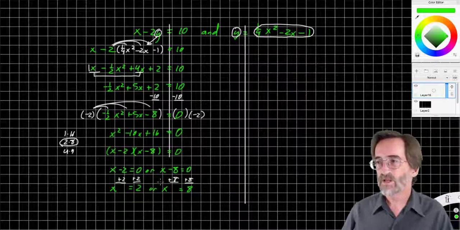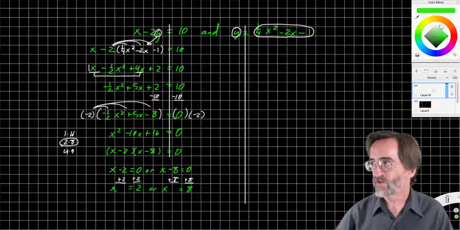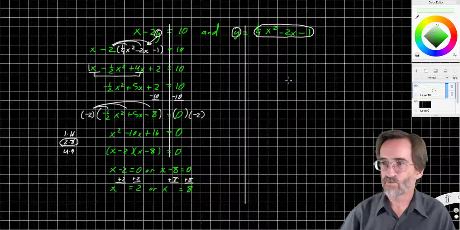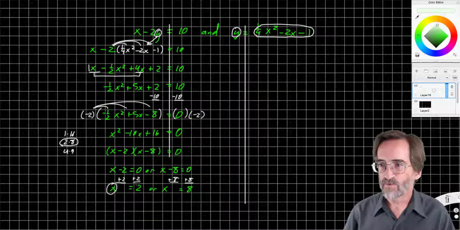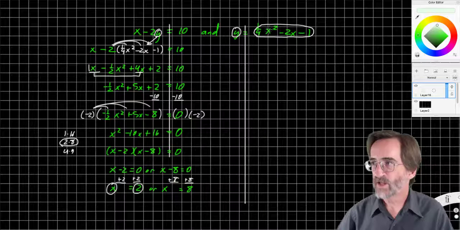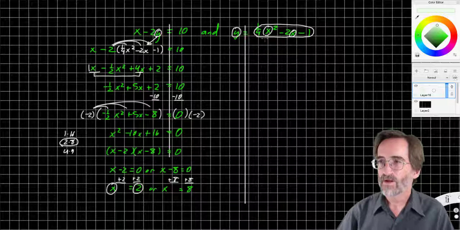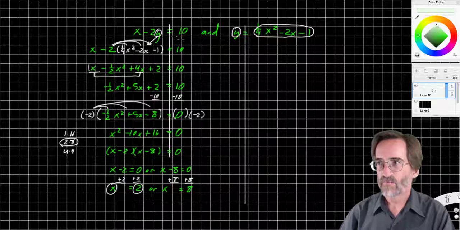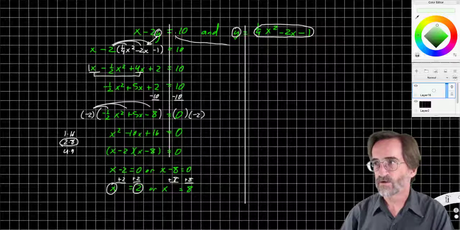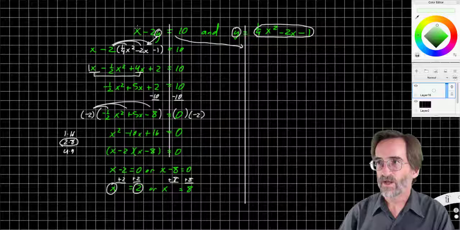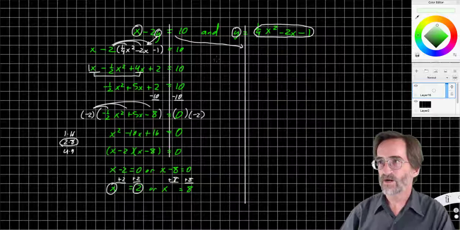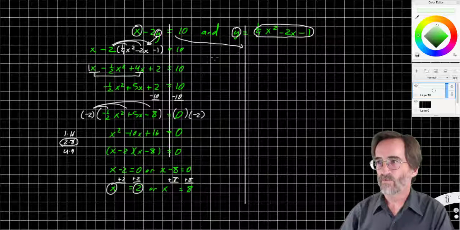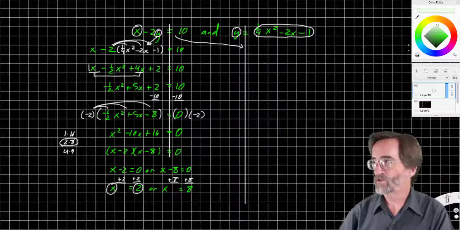So what I need to do now is substitute, and now we've got two things to substitute, not just one. So x equals 2. Where I see an x, I'm going to insert 2. Now we could actually substitute in the original equation, and I'm going to do that because that's easier than substituting in this squared.